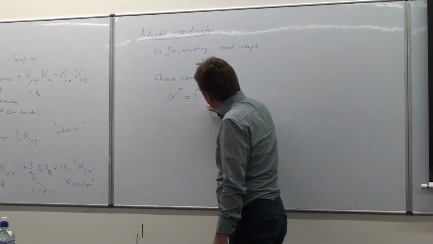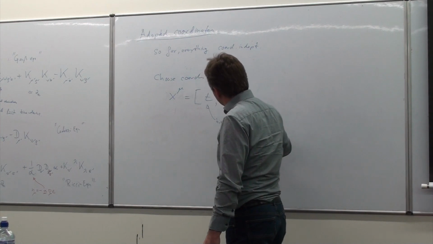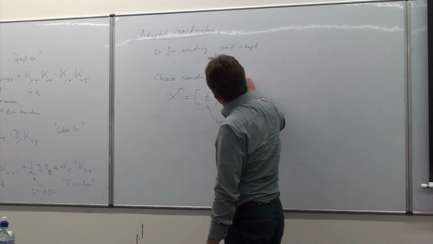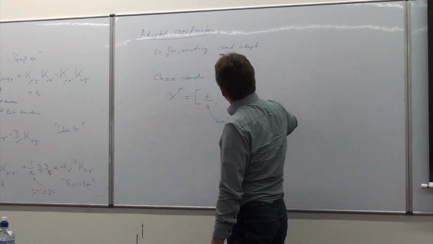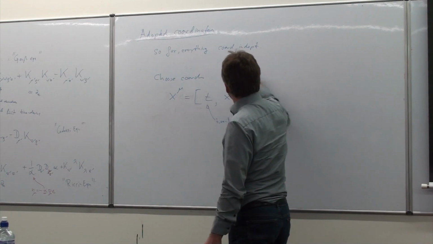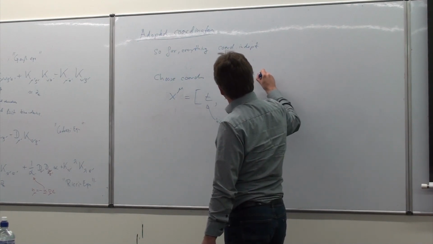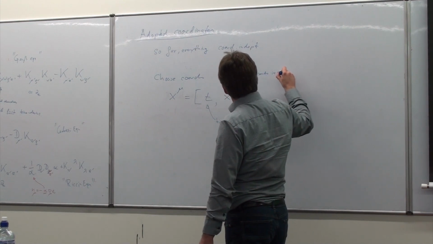So this t here is the time function from earlier. And these xi are still, so far, unknown spatial coordinates. And so here the i goes over 1, 2, and 3.